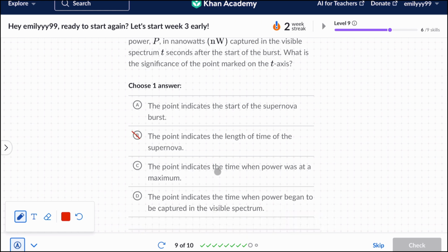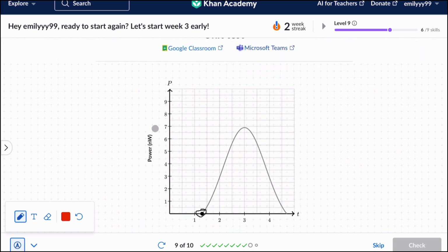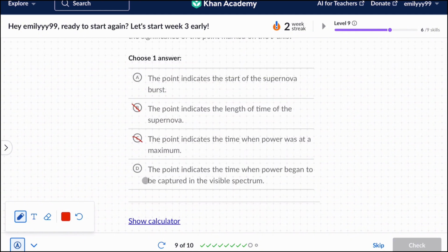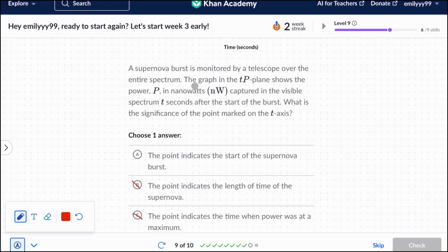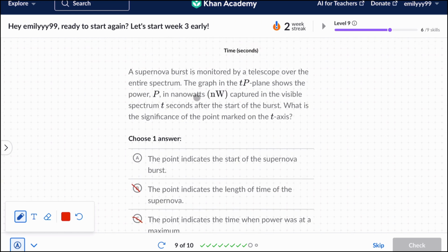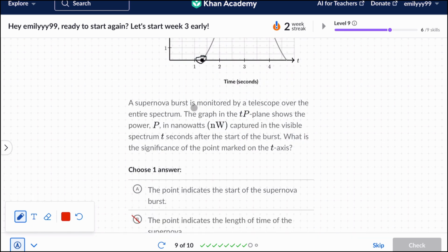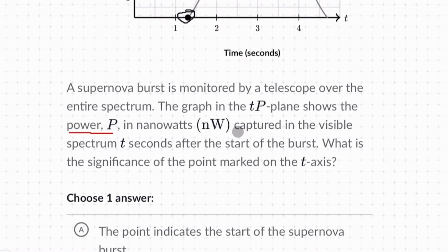C, the point indicates the time when power was at a maximum. No, that is wrong because clearly that's not where the power maxed out. It should be here. So C is wrong. And then D, the point indicates the time when power began to be captured in the visible spectrum. I believe D is correct because here it is telling us that the graph is showing the power captured in the visible spectrum t seconds after the start of the burst.